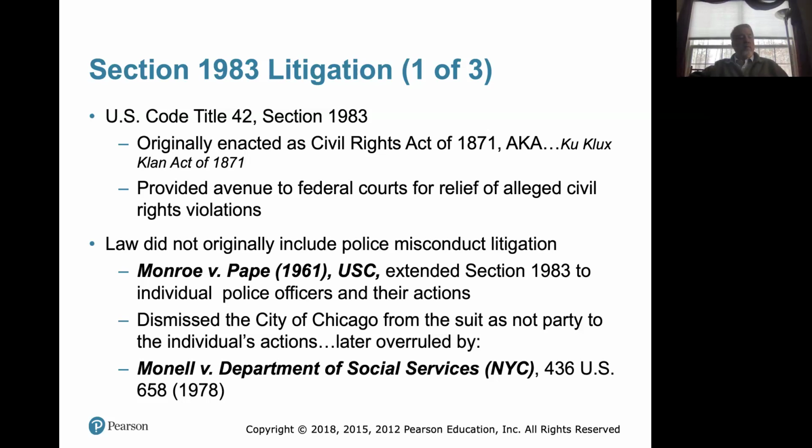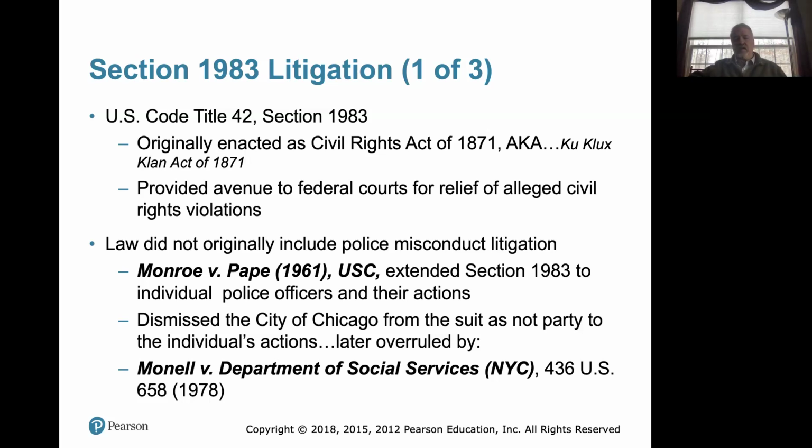And you can probably imagine why eventually it got extended to police misconduct, because in a lot of those situations, police officers off duty were participating in the Ku Klux Klan. So there was a connection, or at least a perceived connection, between police misconduct and the activities of the Ku Klux Klan. So in Monroe v.